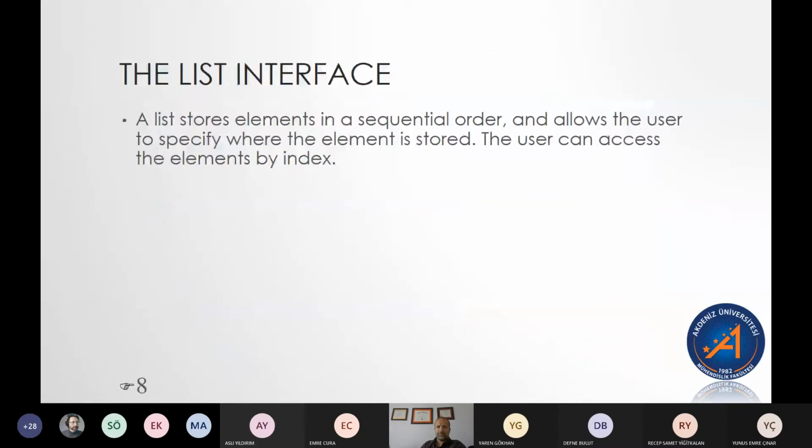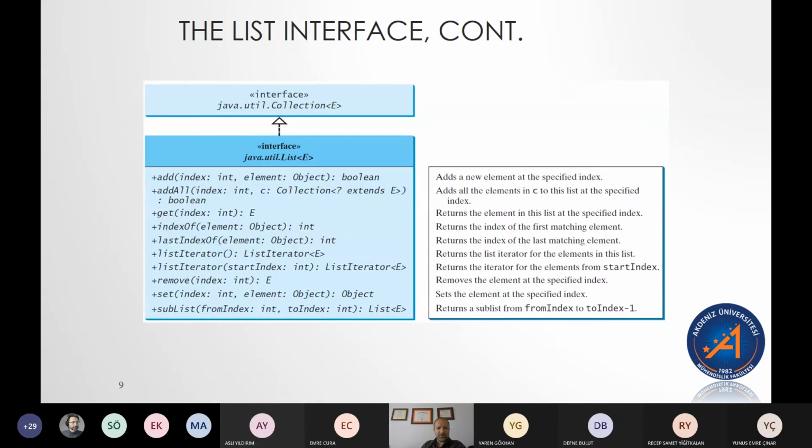Okay. So we will talk about the list interface. Again, the list stores elements in sequential order. There is an ordering to this. We can get an element from an index. So this is just like the array list.